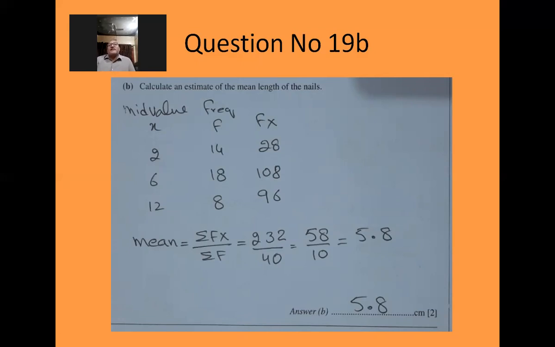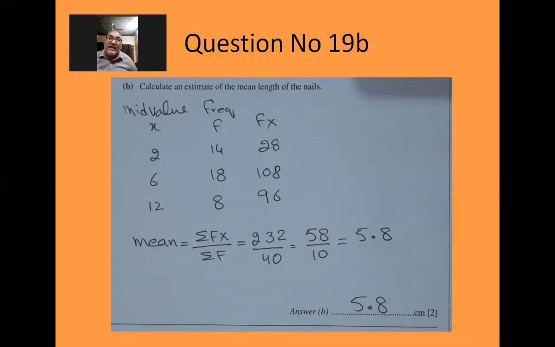You know the mean is equal to summation fx divided by summation f. Summation fx means you add up all the numbers in this column, and summation f means you add up all the frequencies. So you will have 14 plus 18 plus 8, and that will be 40.